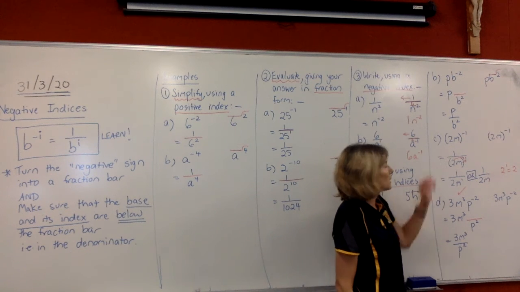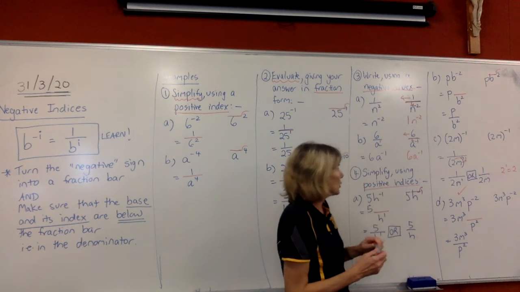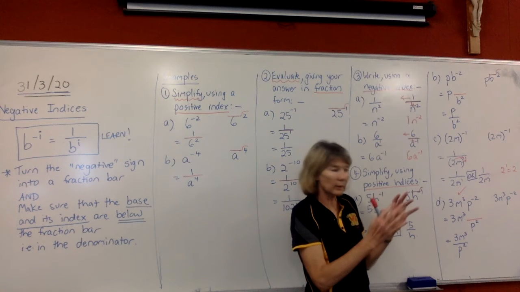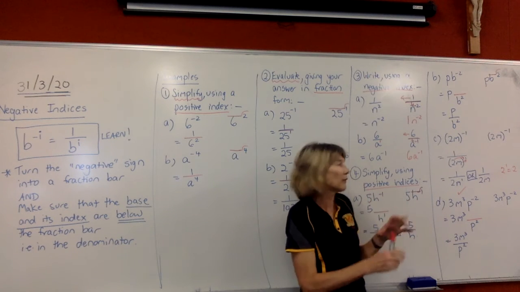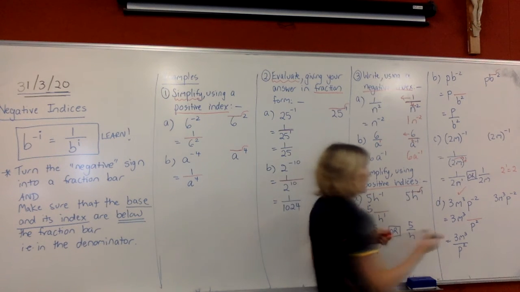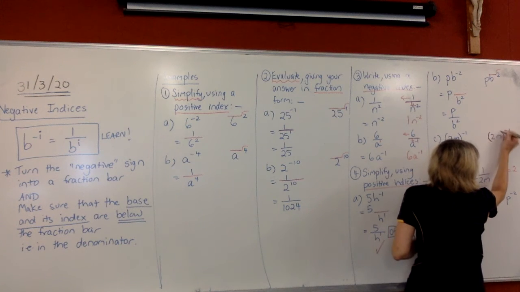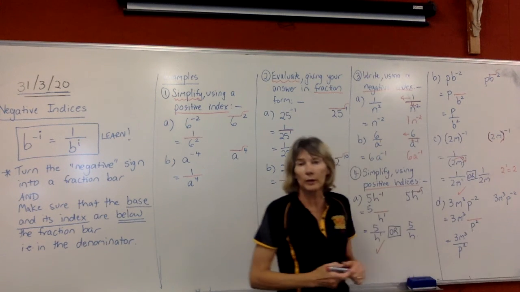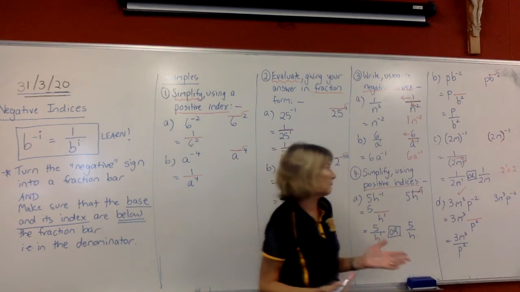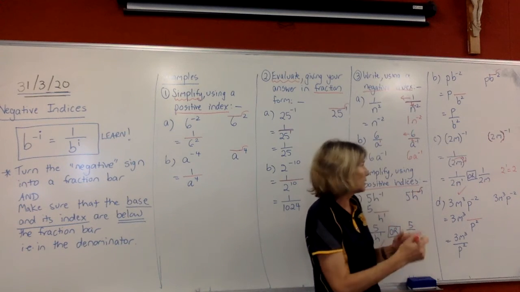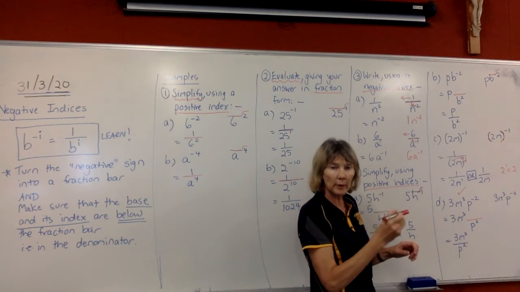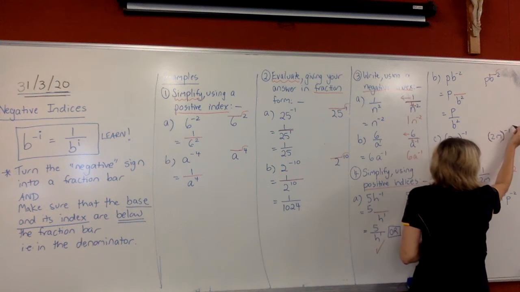So let's look at this next one. So the next question has a bracket. So everything in the bracket is to the power of minus 1. Okay? It doesn't really matter what's inside it. Don't look inside the bracket. It doesn't matter what's in there. So it's a bracket to the power of minus 1. So we're going to draw with our red pen over the minus sign.